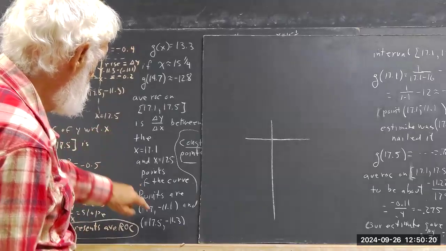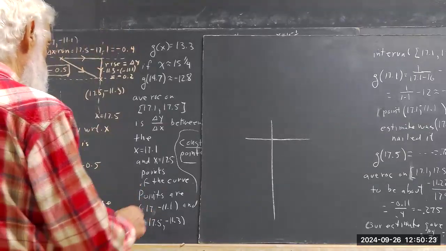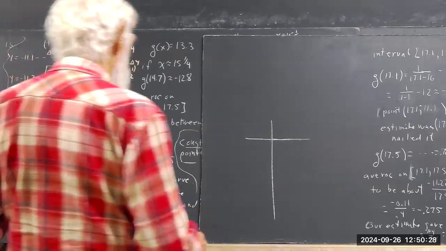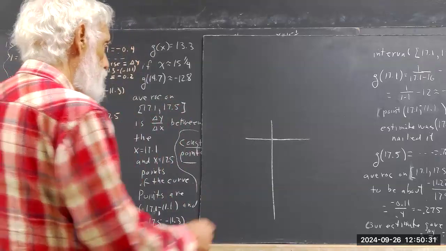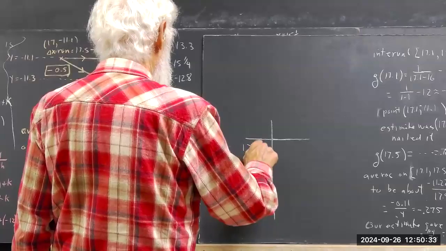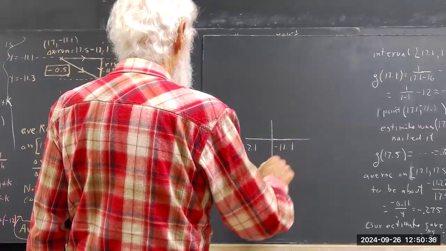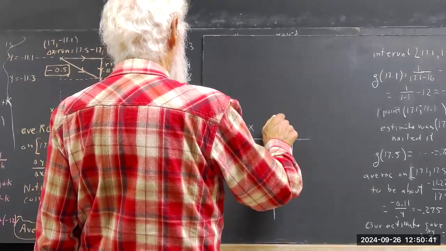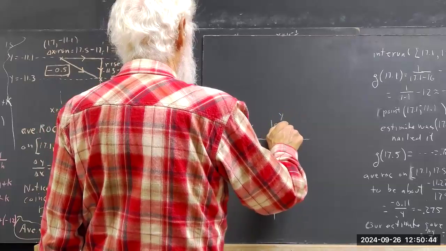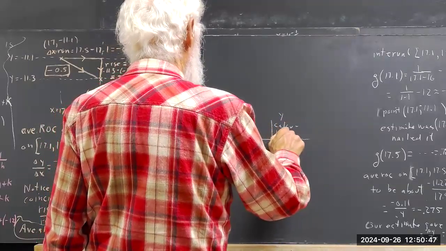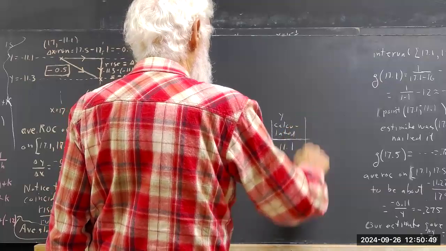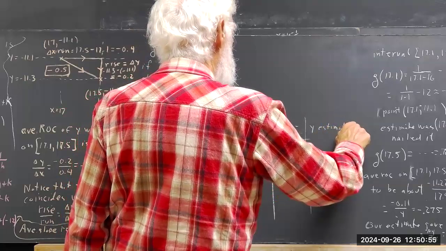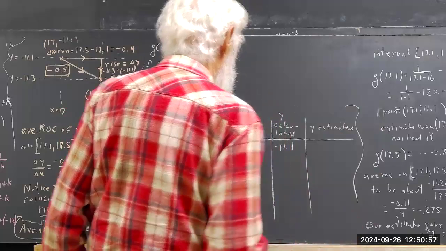So, x equals 17.1. I persist in writing this as 17. It should be 17.1, negative 11.1. So we have the calculated y and the estimated y.